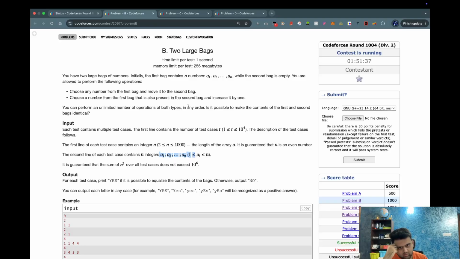Then I just have to see if I can keep increasing it until it's even, and then divide.